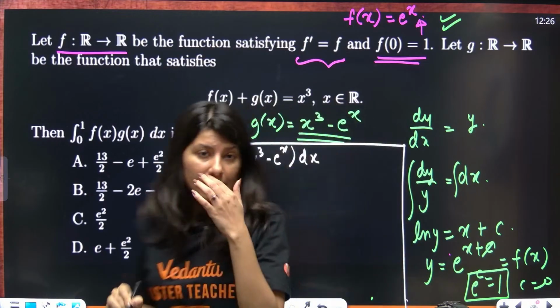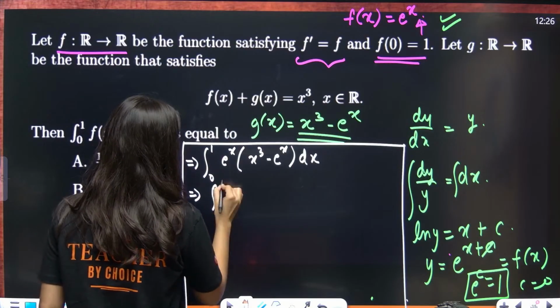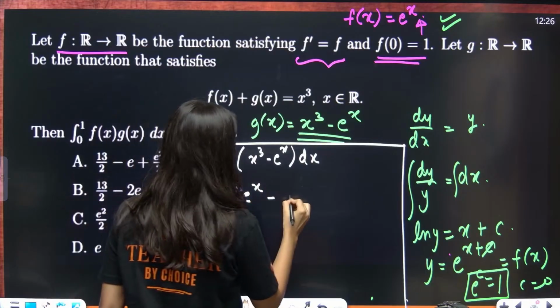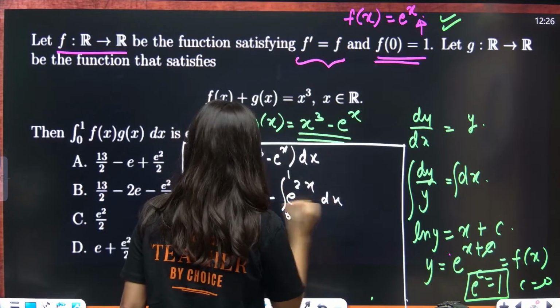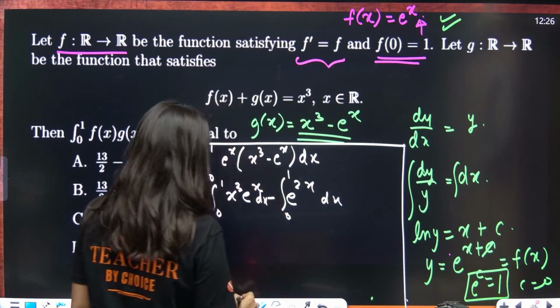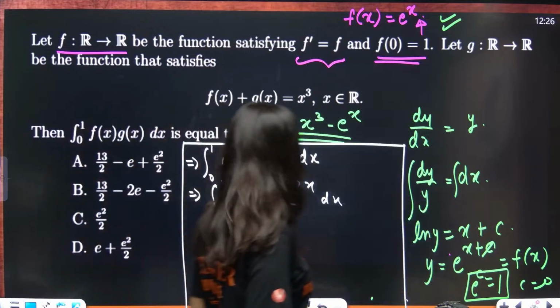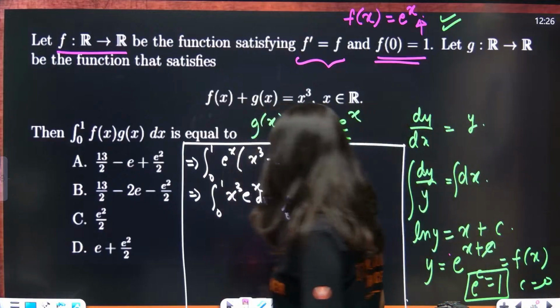Okay, so let's apply this integration. Integral from 0 to 1 of x cube e power x minus e power 2x, this is dx, this is also dx. Okay, so 1 by 1. We have a technique, huh? Let's do it with this ninja technique. How many of you can do this with the ninja technique?